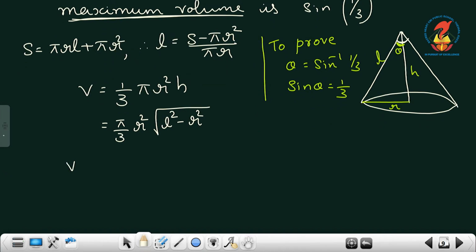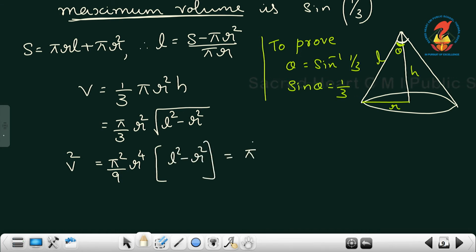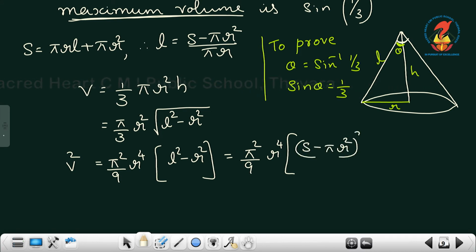Squaring, V square is pi square by 9 r raised to 4 into L square minus r square. Or we can write pi square by 9 r raised to 4 into, what is L square? Square of this, S minus pi r square, the whole square by pi square r square.